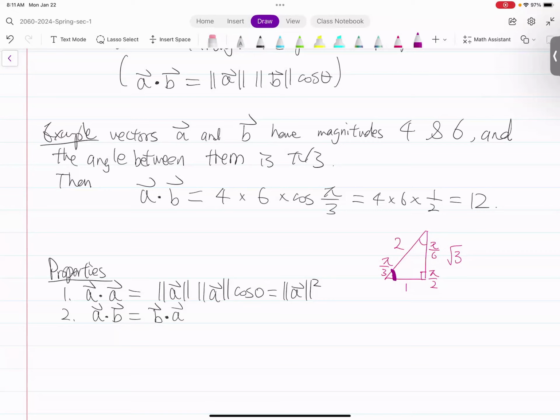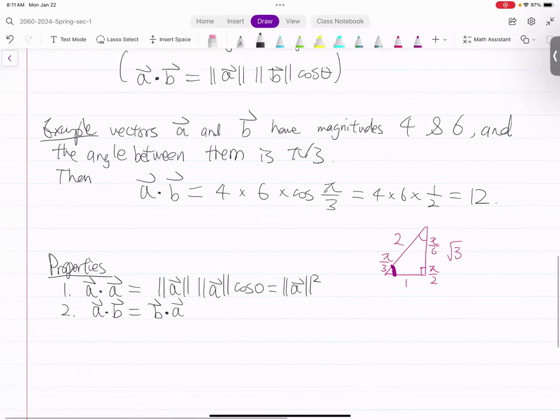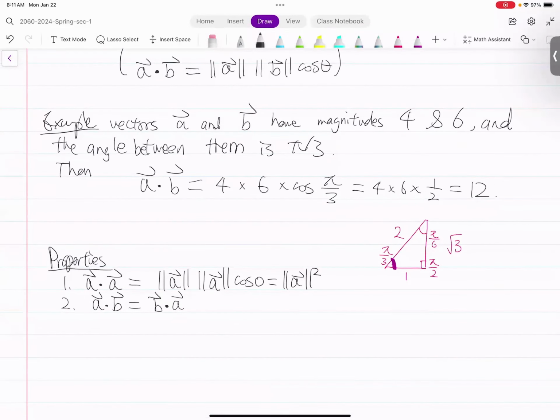Because when we talk about angle theta, that's actually the angle cut between A and B. So if you interchange the order of this operation, that angle is still going to be the same, right? And then, of course, the order of A and B magnitudes multiplied, that order doesn't matter at all, because it's just a scalar multiplication. So our dot product is commutative.